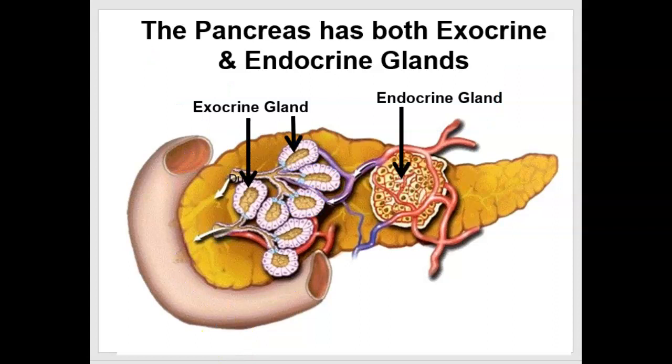Now, the pancreas also, as I mentioned, has an endocrine gland portion. And the region of the pancreas that has an endocrine gland is called an islet. And we'll talk about islets in A&P 2. Okay, I'm not going to try to draw that. All right, so here's an endocrine region, or an endocrine gland of the pancreas. And notice that it has a really good blood supply.